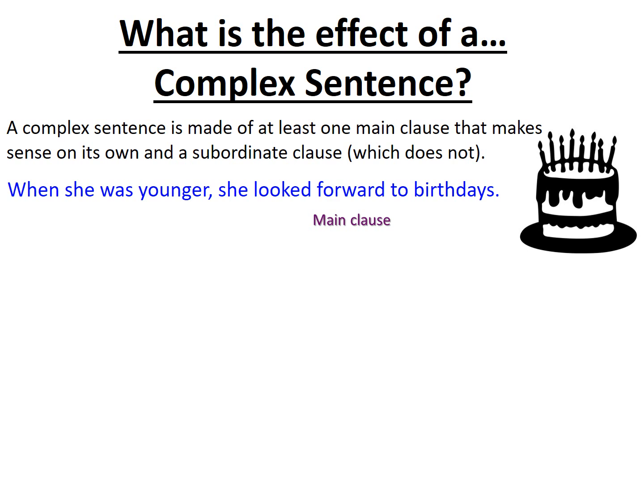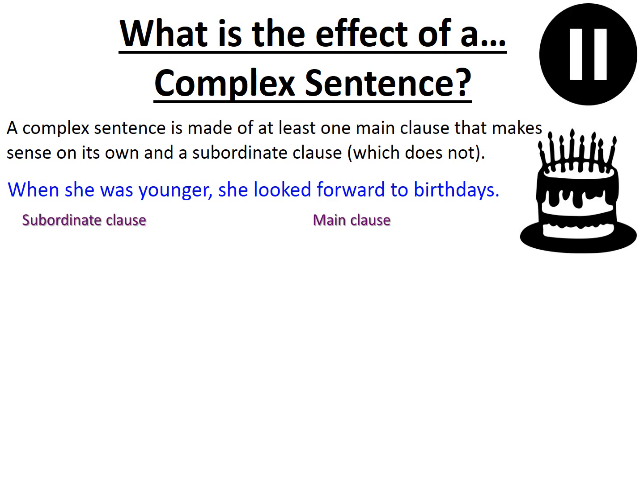It's complete, it could be its own simple sentence. However, if we were to skip over the comma at the start of the sentence, when she was younger, well, this is additional information, but we're still keen to work out what about when she was younger, what action happened, what was the actual implication of her being younger. So this is a subordinate clause because it doesn't make sense on its own.